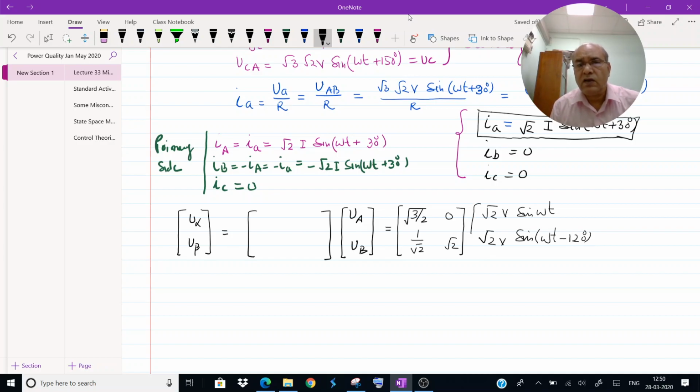These are the alpha beta components. Okay, we will solve this and find out.